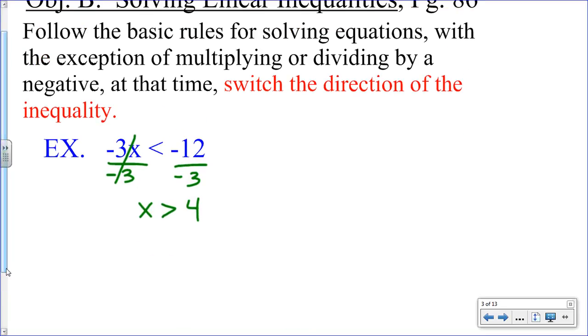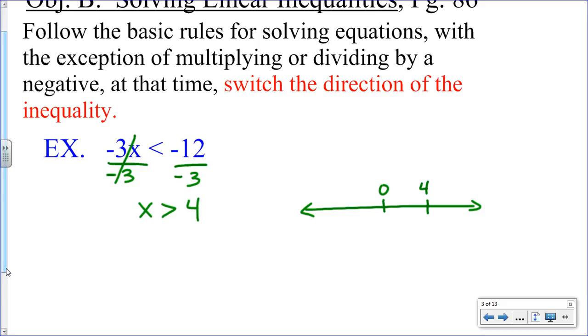Okay. Let's go ahead and graph and then write our answer in interval notation, and then I will also show you set notation. All right, so I'm going to use 0 as a placeholder. 4 is right of 0. When I say x is greater than 4, should I shade left or right of 4?